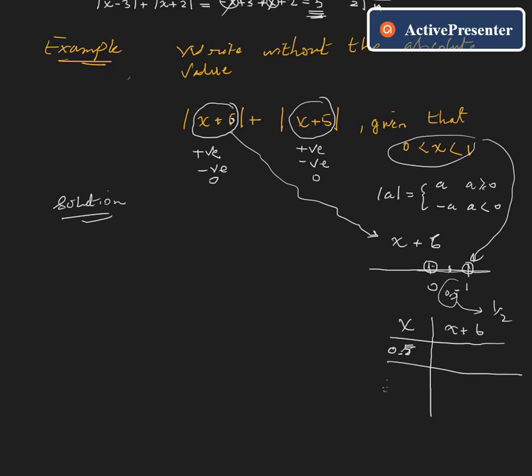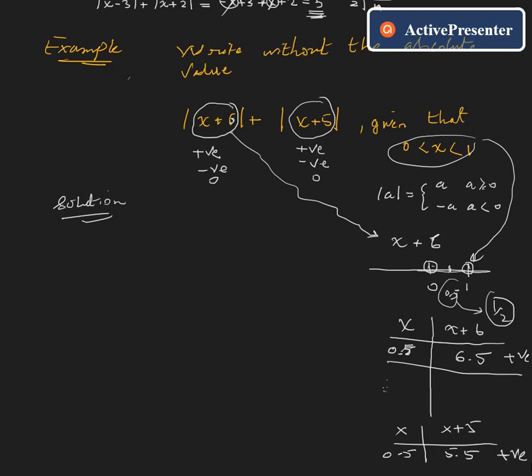If we take 0.5, it should be 6.5. So it is positive. What about the other value, x plus 5, checking with 0.5? It should be 5.5. Then it is positive.